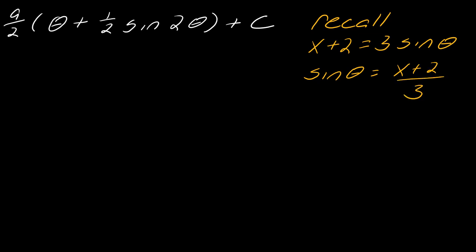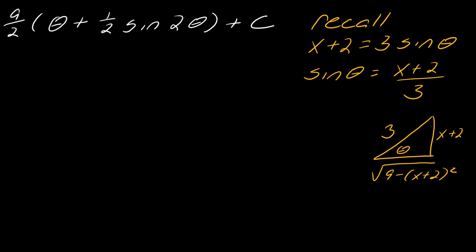So I can make my reference triangle now. So here's my theta. My hypotenuse will be 3, and the opposite side will be x plus 2. And when all is said and done, this side will end up being the square root of 9 minus x plus 2 squared. Okay, all right, so now I can start filling this in.